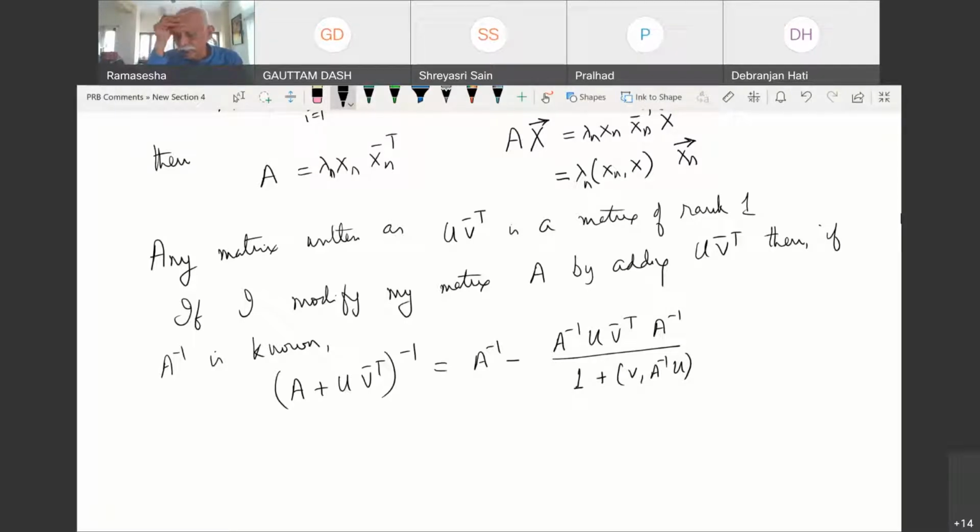So A inverse U V bar transpose A inverse will be easy to compute.